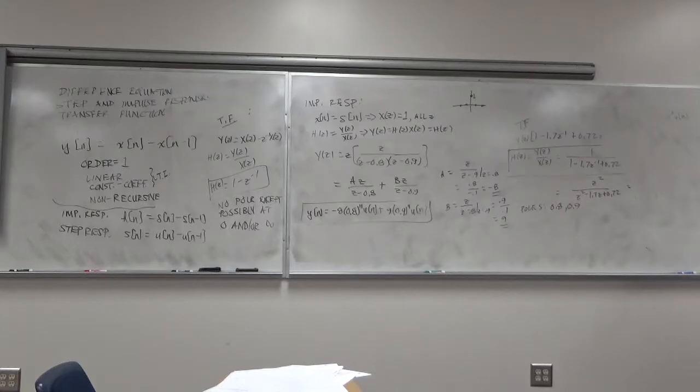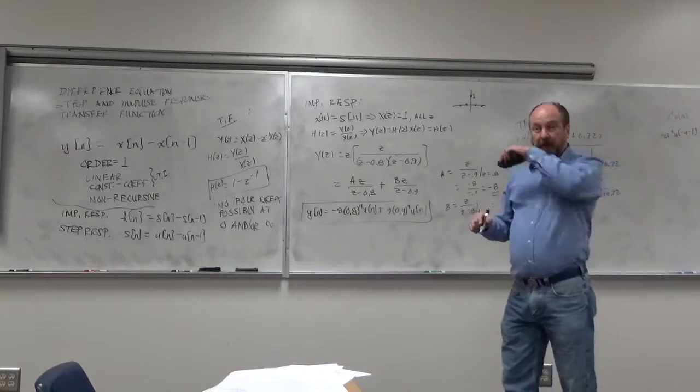Do y'all remember that one? That's in the list that we derived last week at some point. But the other one, you should remember this one from 431. Negative a to the n u of negative n minus 1 also has z transform z over z minus a, except that it converges inside the pole. Magnitude of z less than magnitude of a.